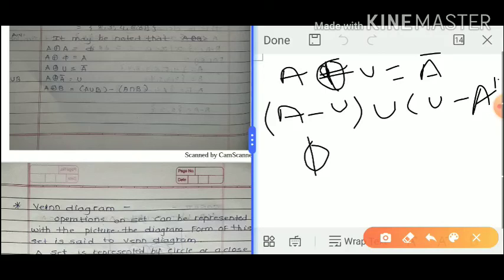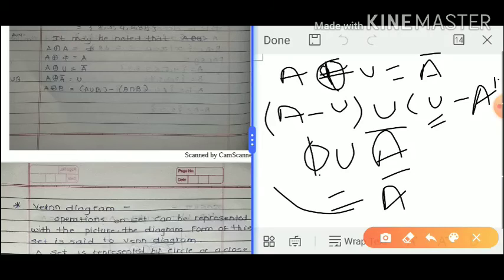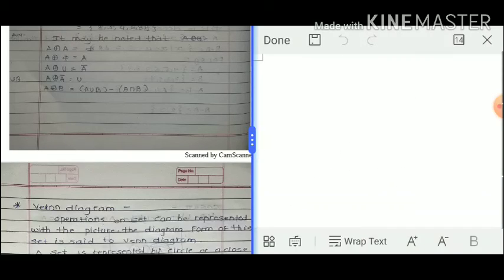U minus A means all the elements of U but not in A, that means A complement. So phi, the null set, union A complement is always A complement. So A symmetric difference U is always A complement.